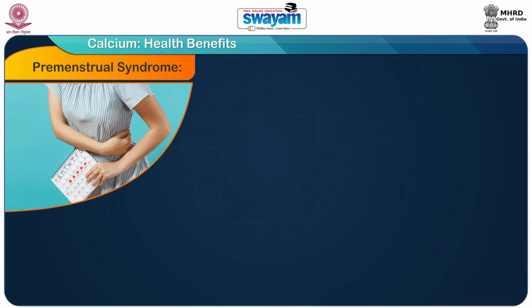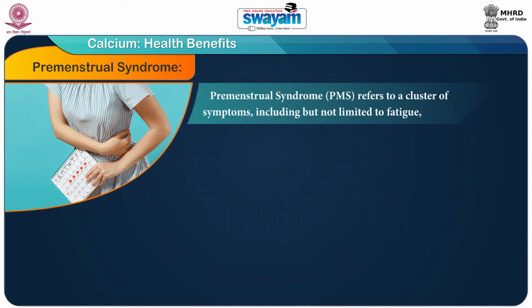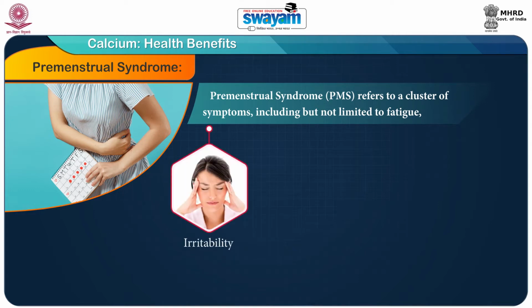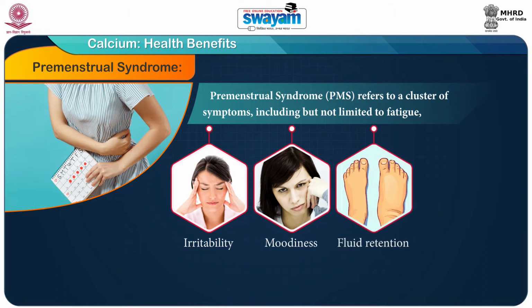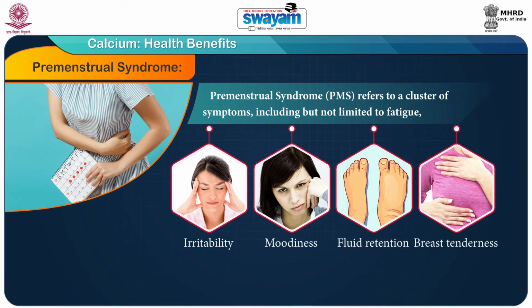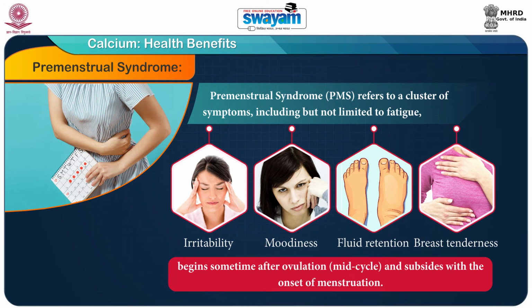Then coming to role of calcium in taking care of premenstrual syndrome. Now, premenstrual syndrome refers to a cluster of symptoms that include but are not limited to fatigue, irritability, moodiness, depression, fluid retention and breast tenderness that begins sometime after ovulation, that is in the mid cycle, and subsides with the onset of menstruation.